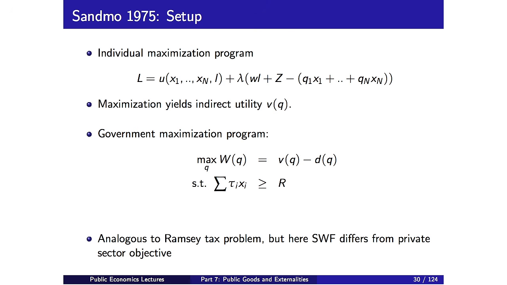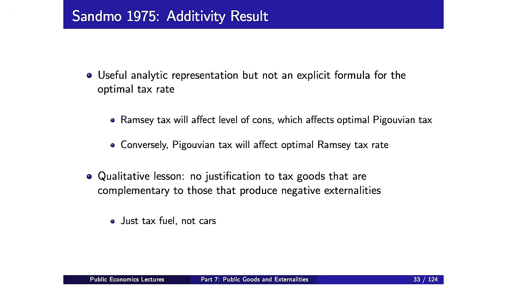It doesn't make a difference. You still want to have zero Pigouvian tax on cars, and you want to levy the Pigouvian tax completely on fuel. So the way people refer to that principle is you want to directly address the externality. You never indirectly address the externality. There's no point in doing that. You might as well directly tax fuels, and then you might tax cars for a Ramsey reason, but that's a separate matter.